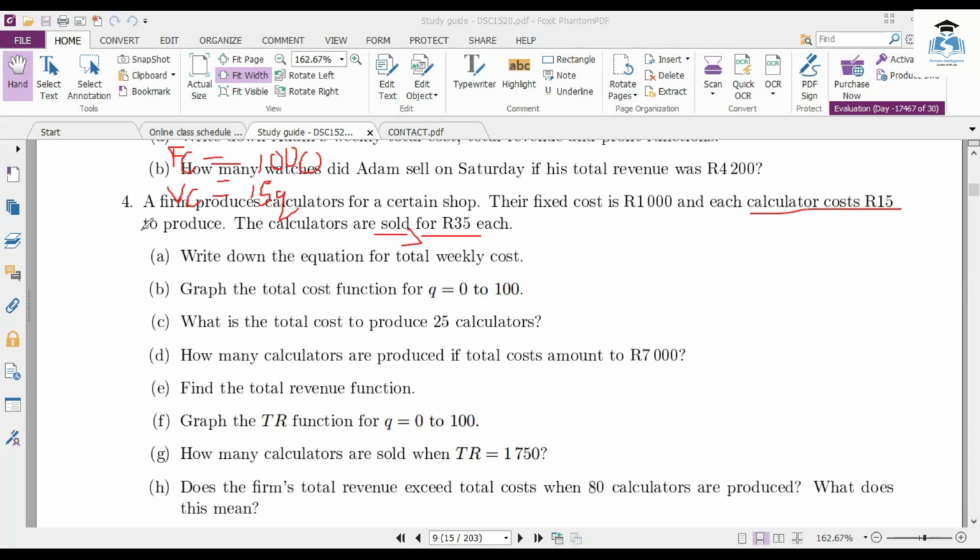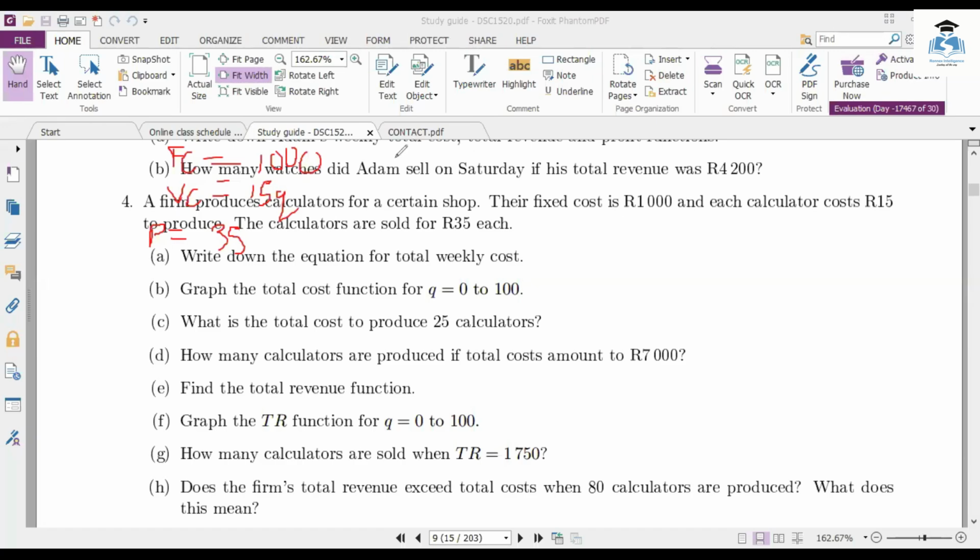So now you know that your P is equal to 35. That's why I was saying it is important for you to write down these variables. As you are reading your question, you can write them down separately. Now, we are told to write down the equation for the total weekly cost.